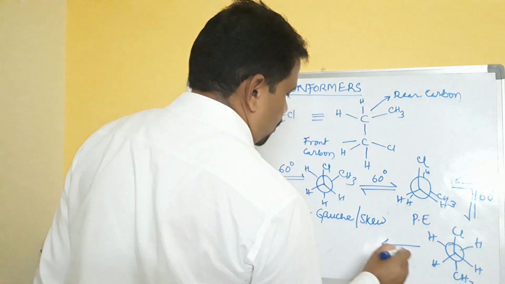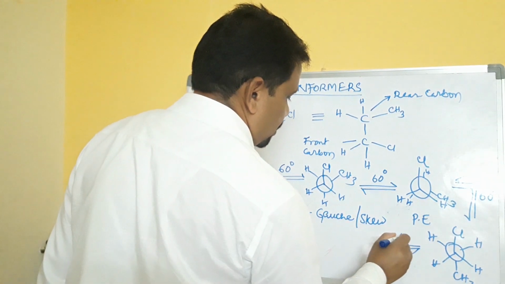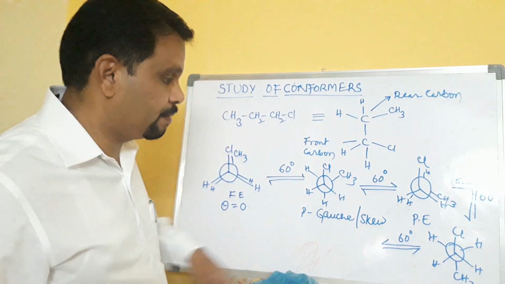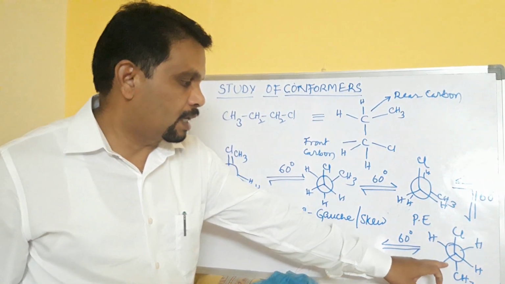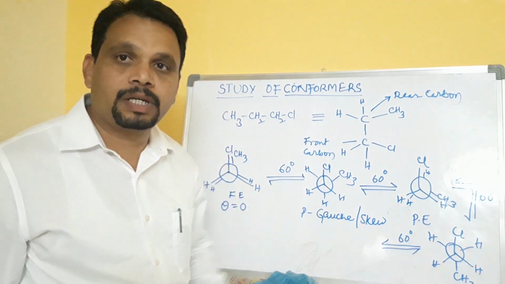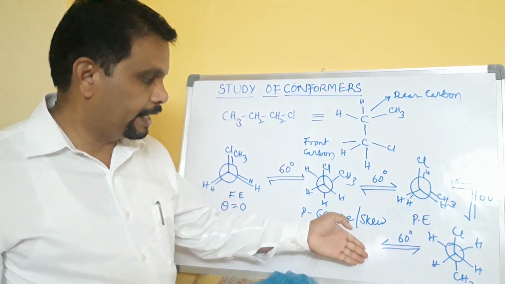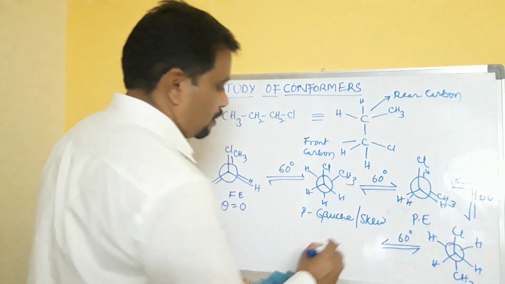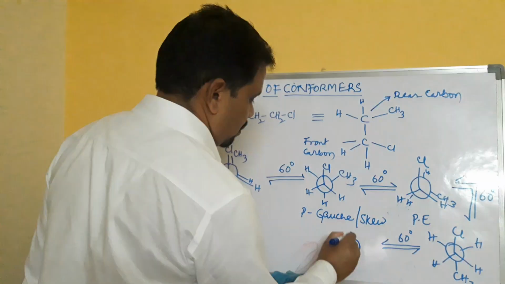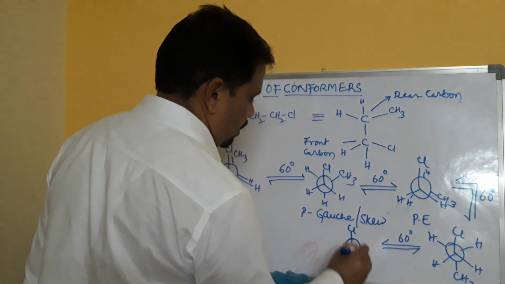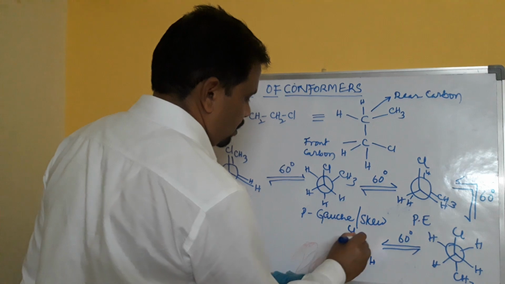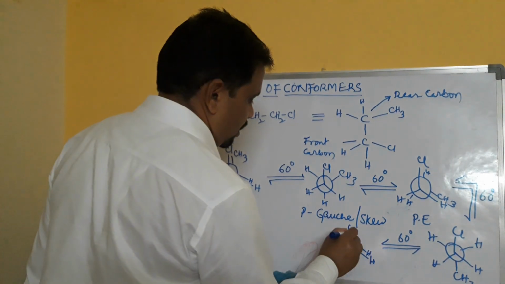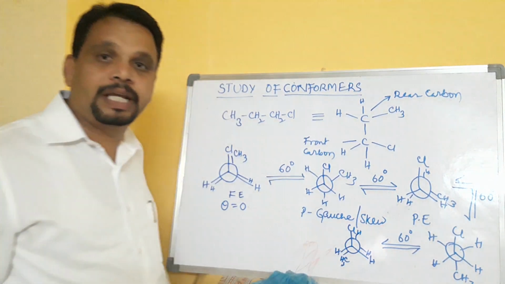Again at 60 degrees you will get a partially eclipsed conformer, because this CH3 comes aligned with this hydrogen. So the next conformer is partially eclipsed: Cl, hydrogen, hydrogen, CH3, hydrogen and hydrogen.